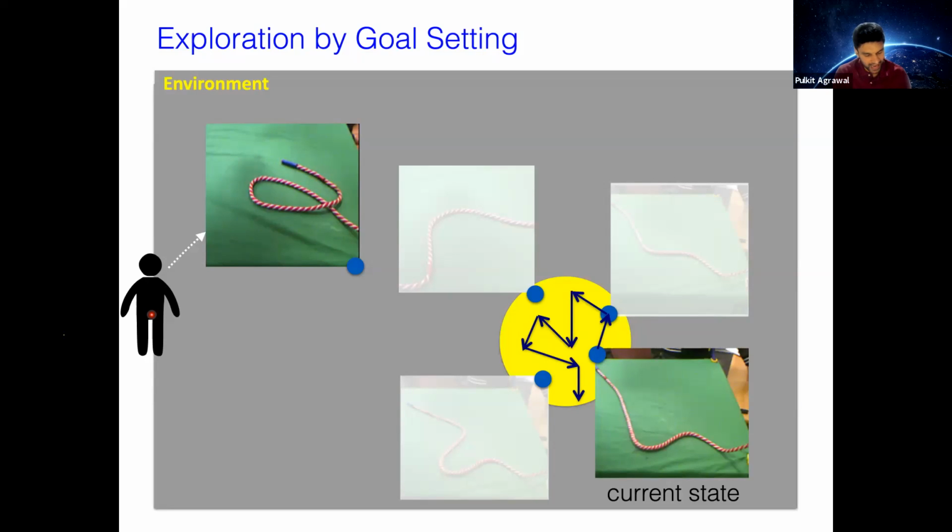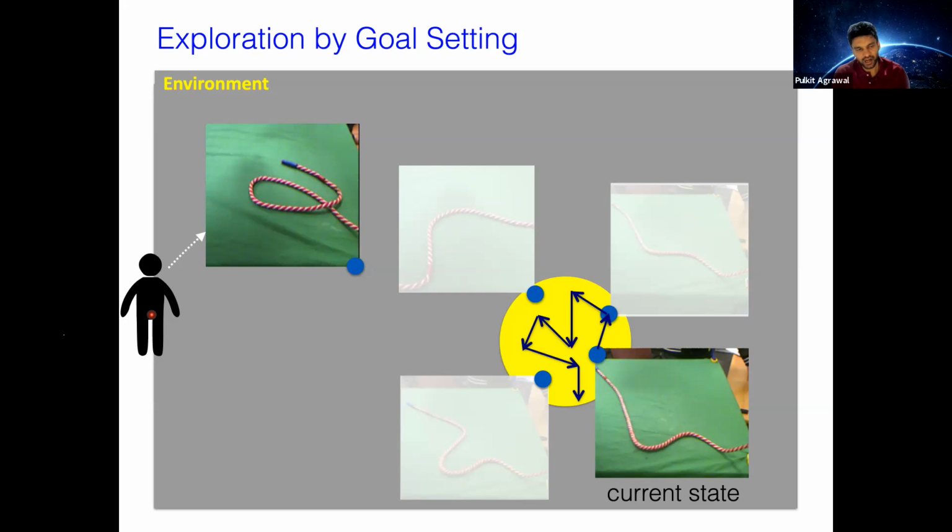Until now, first we looked at having access to both states and actions, and then we were doing behavior cloning. Then we discussed that if you don't have access to states and actions, just states, what can we do in that case?